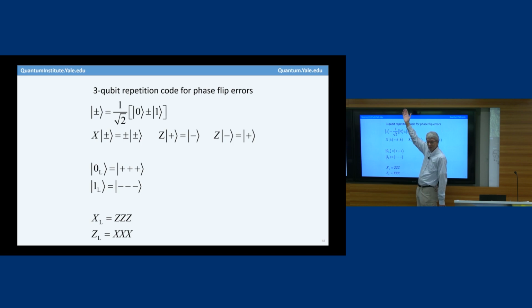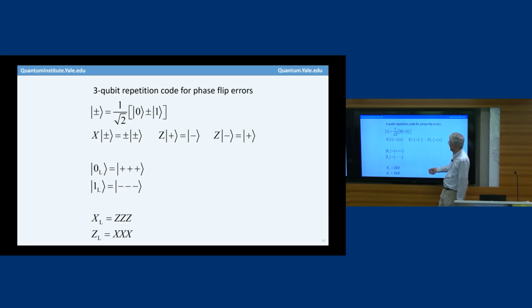They're superpositions of north and south pole with a certain phase and the normalization. And they're eigenstates of the x operator with eigenvalues plus 1 and minus 1. And the z operator is now the thing that flips them, right? It's just applying Hadamards everywhere to interchange x and z, basically.